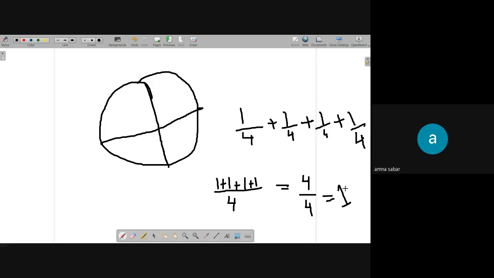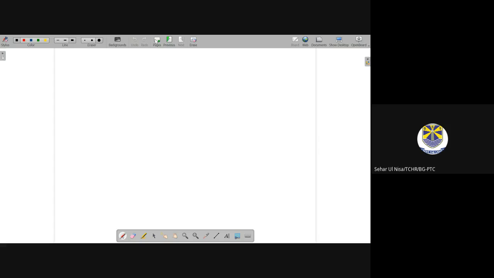Yes. So on page number 52 of your maths practice book, they have shown you a chart or a wall where they have divided a whole pizza into 12 parts, into 10 parts, into 8 parts, and so on.